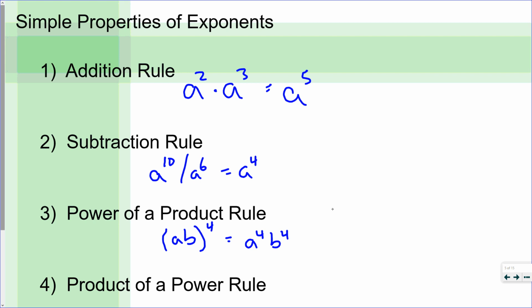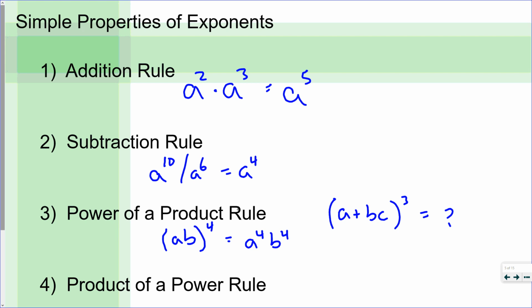So if you have an expression like a plus bc to the third power, you have to leave that alone. The only way to multiply that out is to actually write it 3 times and use distribution on it. So this does not fall under the power of a product rule. This does. I hope you see the difference here.